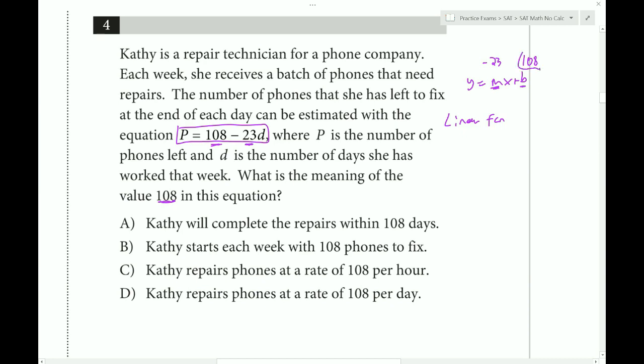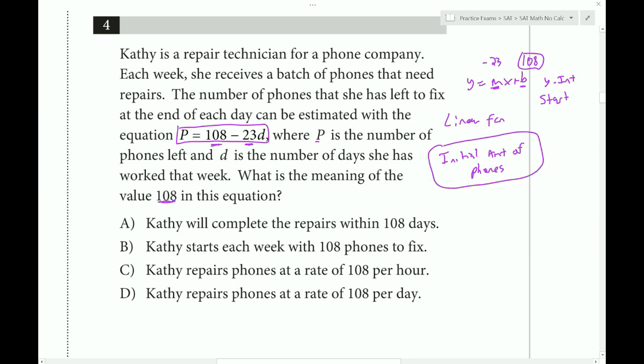So we interpret 108 as the y-intercept, which oftentimes will mean that it's our starting point. So in this case, it's the starting point for p, where p is the number of phones left. So that is the initial amount of phones, before you've completed any of your assignment.